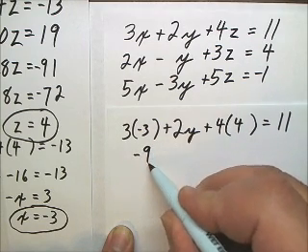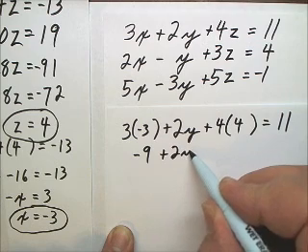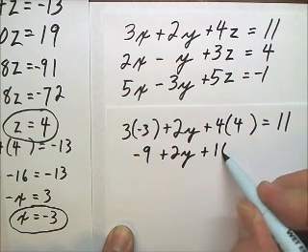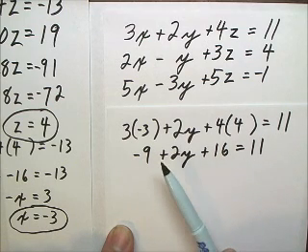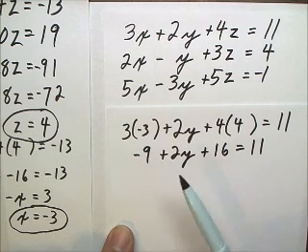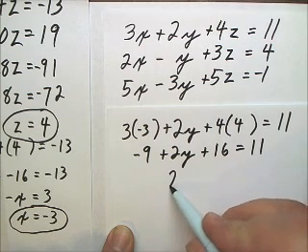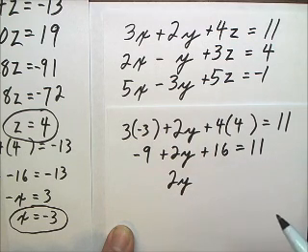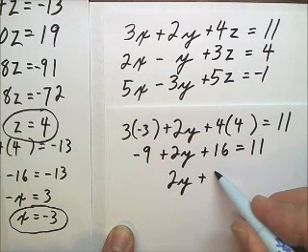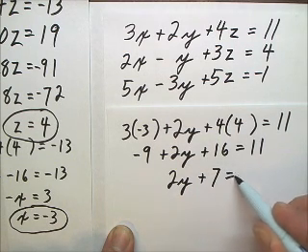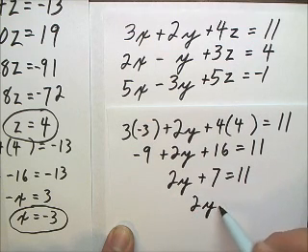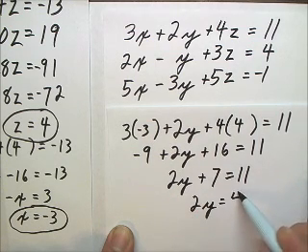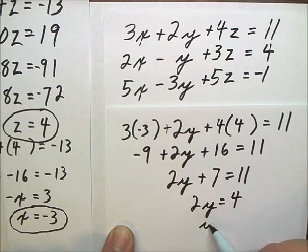So this is negative 9 plus 2y plus 16 equals 11. Now like terms, the negative 9 and the positive 16 add up to positive 7. Now subtracting 7 from both sides, I end up with 2y equals 4, or y equals 2.